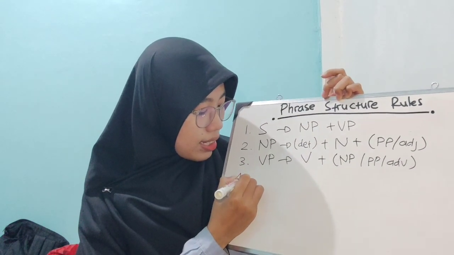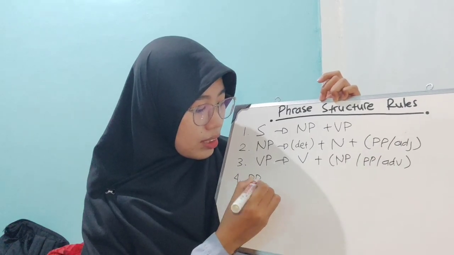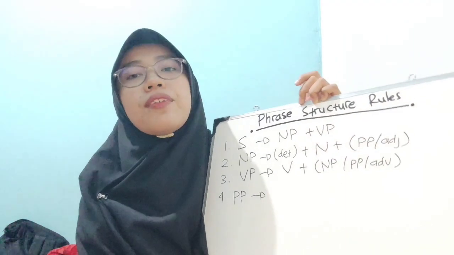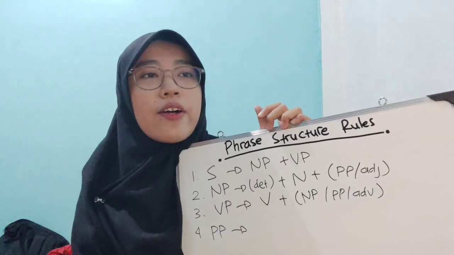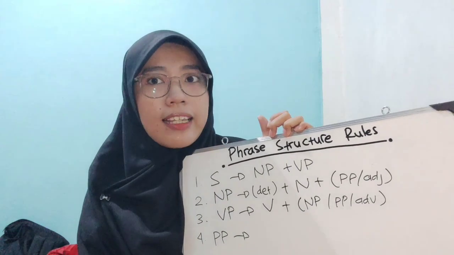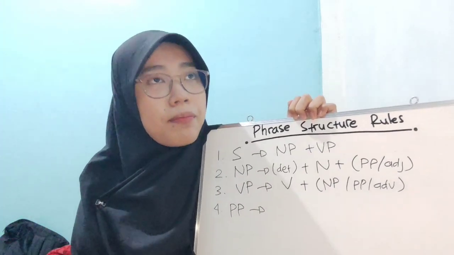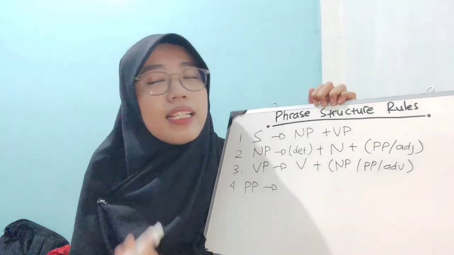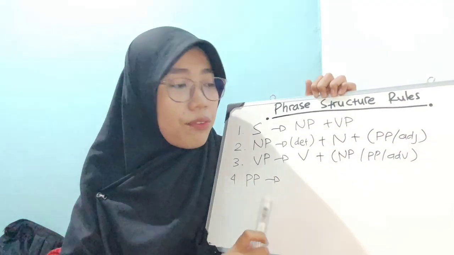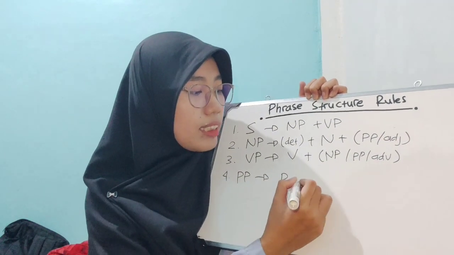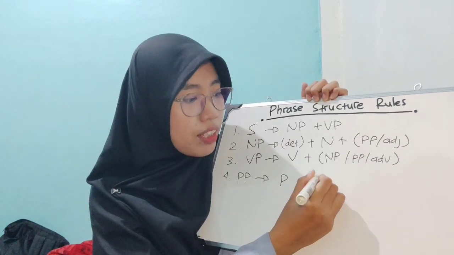The next is the preposition phrase. A preposition phrase tells us about the place or the time. The main thing that must be in the preposition phrase is, of course, a preposition and a noun phrase.